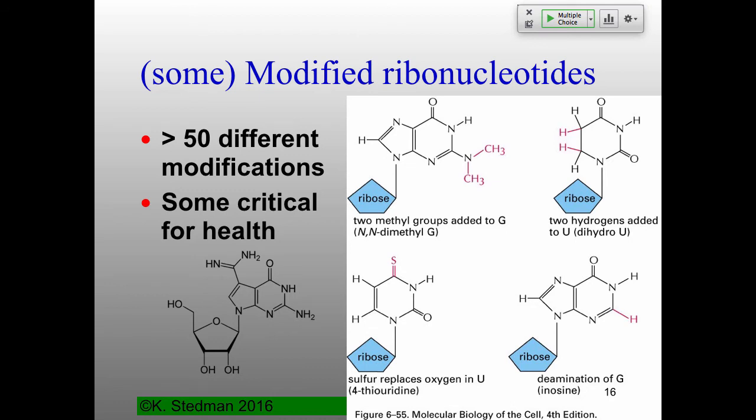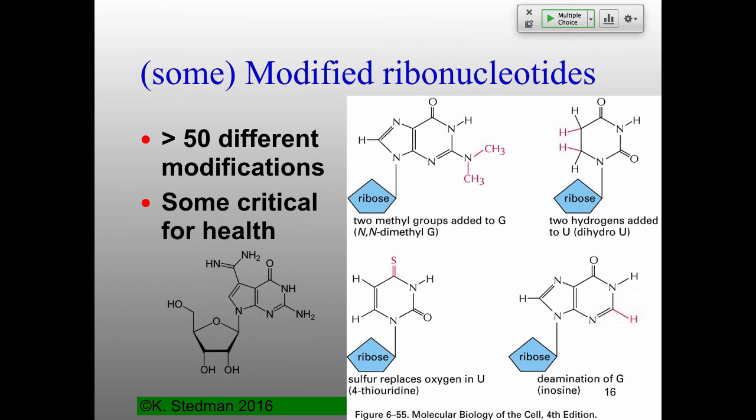But the other ones we've talked about so far are dimethyl G, where we get a couple of methyl groups added here. Dihydrouridine, which is where you've added across this double bond. Thiouridine that we didn't talk about. And then probably the most important of these is inosine. So inosine, instead of having your normal NH2 down here, you just have one H, which is at the bottom.